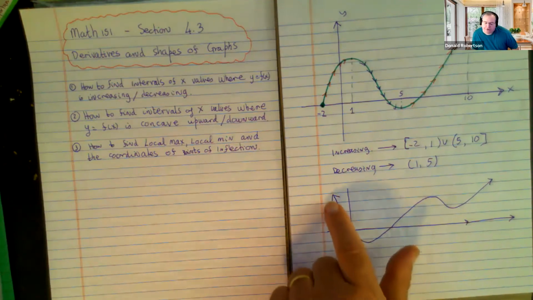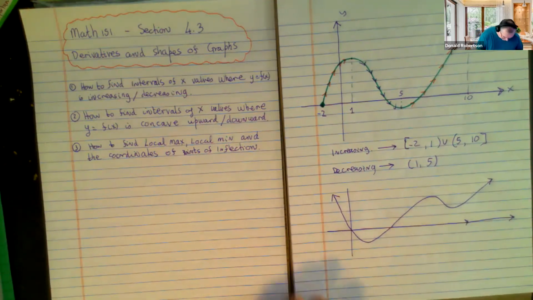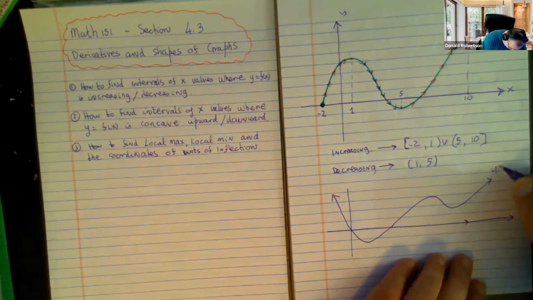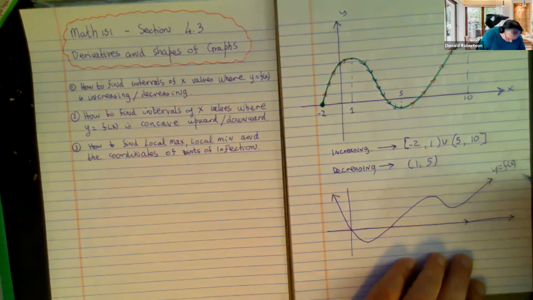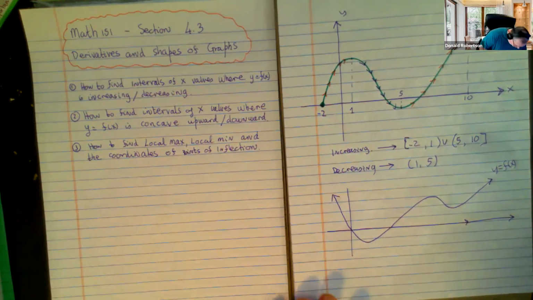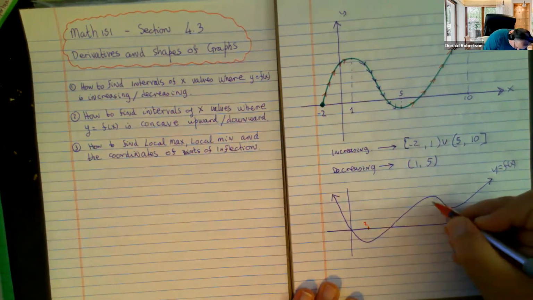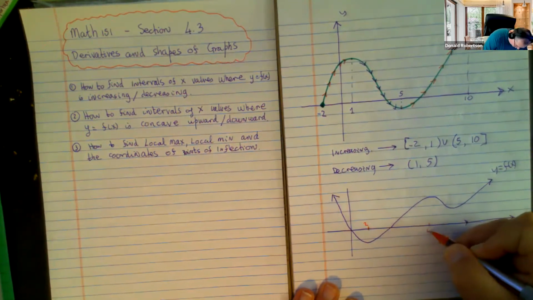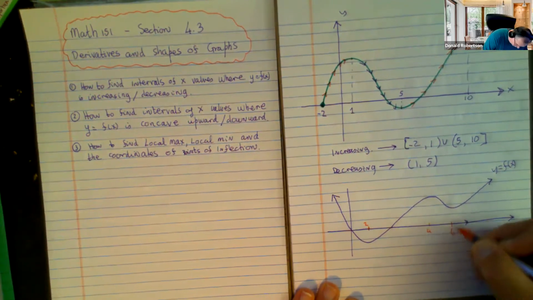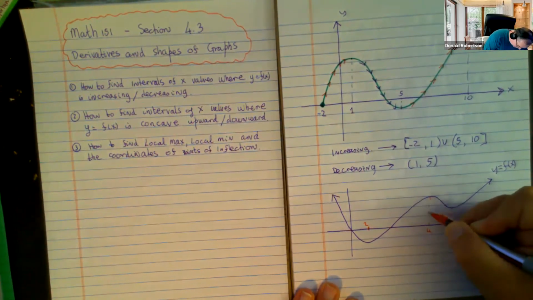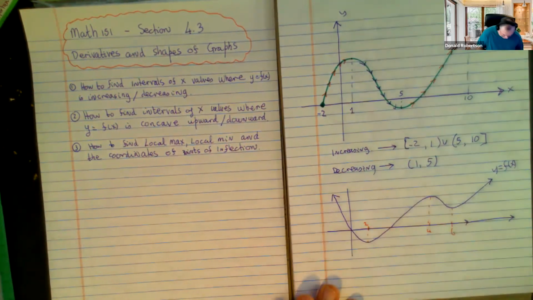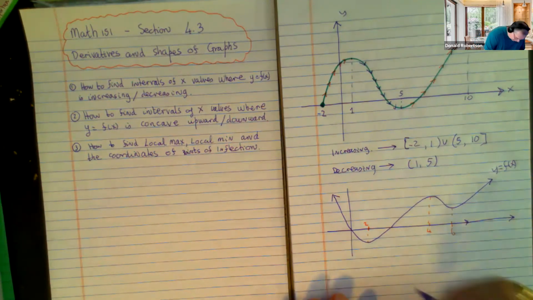Now, functions should have arrows at the end, at least that's the way I would write them, to indicate that they just continue forever in both directions. Now let's say that this guy here is at 2, this guy here is at 4, this guy here is at 6. So they're really the only numbers you need to look at if you're talking about increasing and decreasing.